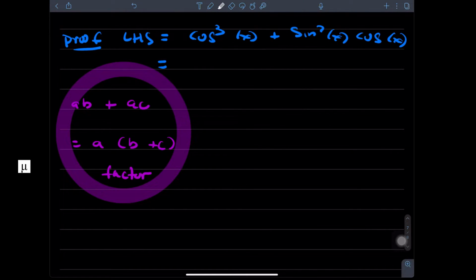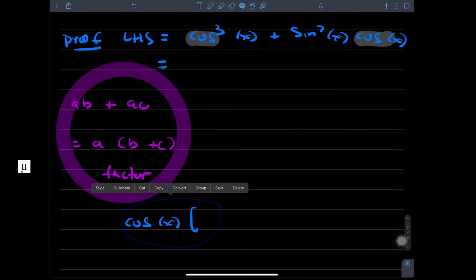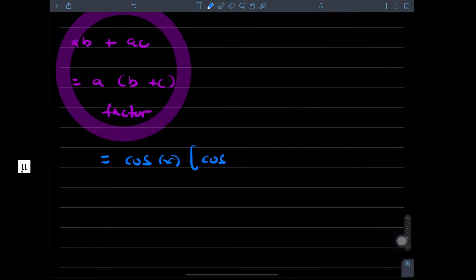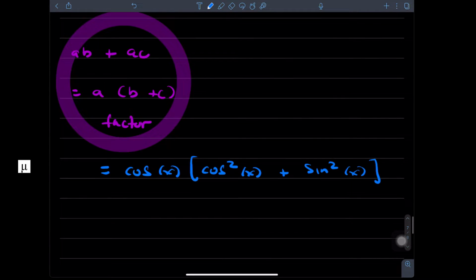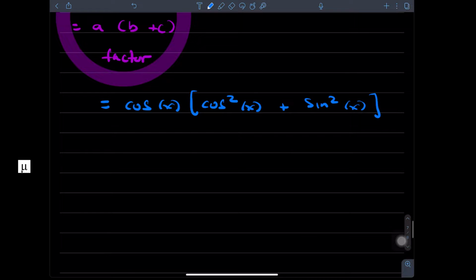So if you notice, you got a factor of what? Cosine here, right? You can take out a factor of cosine. So this means you have cosine, and I'm probably going to have to write it again down here, okay? What are you left with? Cosine squared plus what? Sine squared. Right? If you take out a factor of cosine. All right, so far so good. And then what is this equal to?